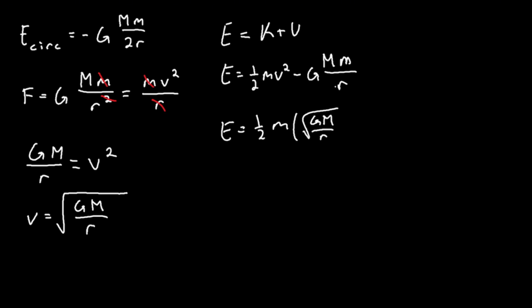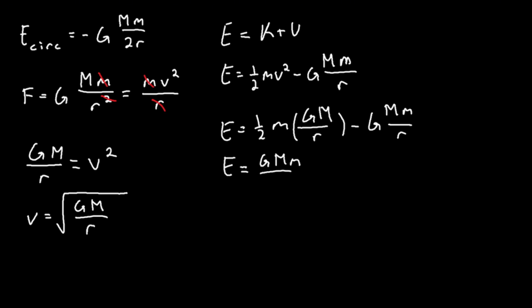But the square root and the square cancel out, so we get GM over r minus G big M over r. Well, we can expand further, and if we multiply little m and the half into here, we get G big M little m over 2r minus G big M little m over r.